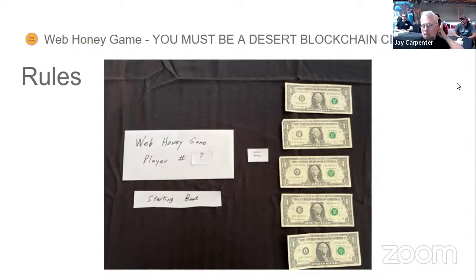And by the way, the players will be our Desert Blockchain citizens, and they are paying $10 a month in order to be citizens. So this is sort of like a rebate of half of one of their month's Desert Blockchain citizen fees. So it's not like we're asking people to come up with their own money here in order to play this game, just to make it clear.